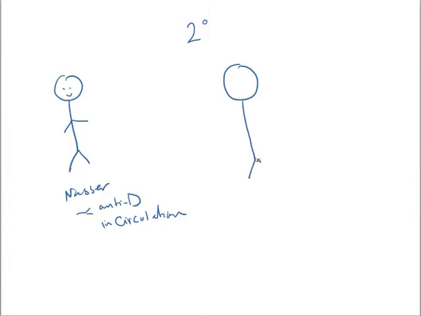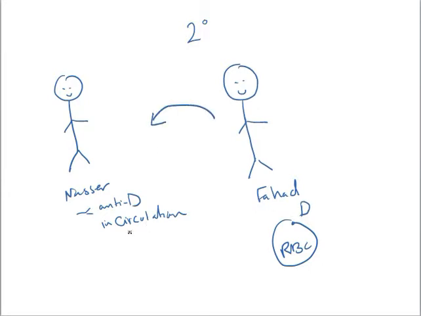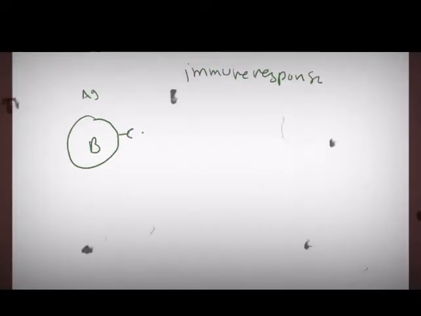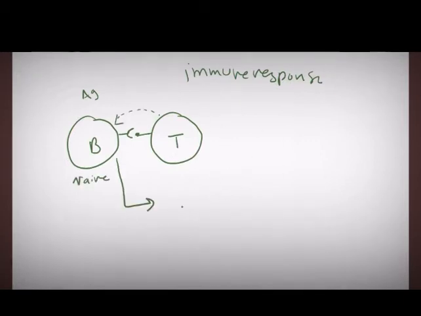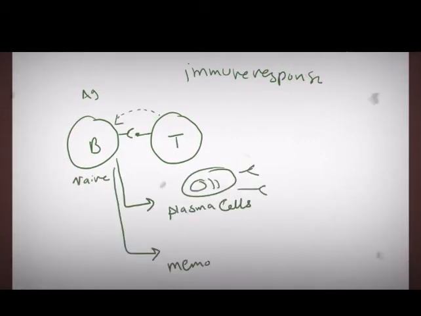So when Nasser receives blood again from a donor who has the antigen, the anti-D will bind to the donor RBC, leading to removal of this blood from Nasser's circulation. In the previous video, we explained how the immune system produces antibody in first and second exposure.